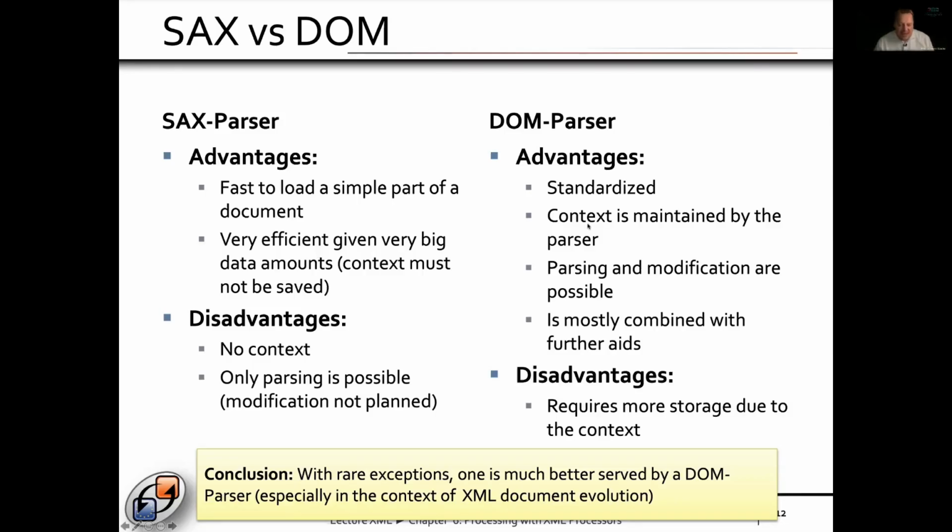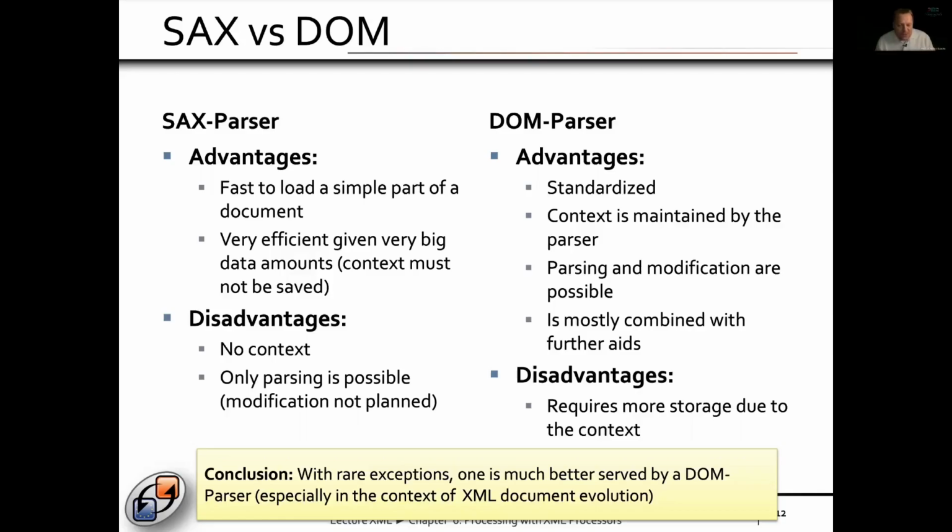Context is maintained by the DOM parser. You can modify things, and the DOM parser takes care of any kind of modification of your current model, and it usually comes with lots of other support, other additional tools. So from the developer point of view, it's pure fun to deal with the DOM parser.